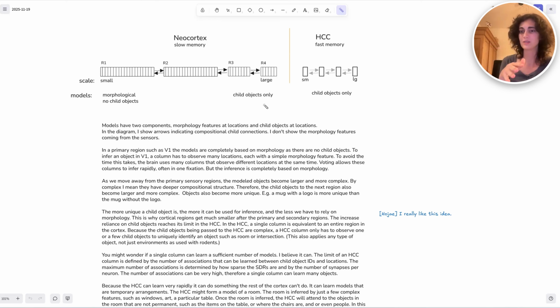It exists in both places, but the lower levels would rely more on morphology, whereas the higher levels can rely a lot more on the child object. If we equate morphology with orientation, then that's right. I was still confused, thinking morphology is like an actual edge, but it's not. If you just say it's the orientation, then yes, there's orientation everywhere.